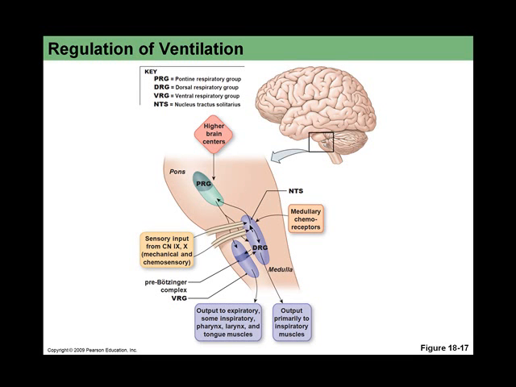At the rostral end of the dorsal respiratory group is the nucleus tractus solitarius, which actually has the second order sensory neurons from cranial nerves 9 and 10, cranial nerve 9, the glossopharyngeal, coming specifically from the carotid body and the carotid sinus, and cranial nerve 10, the vagus, coming from the aorta.